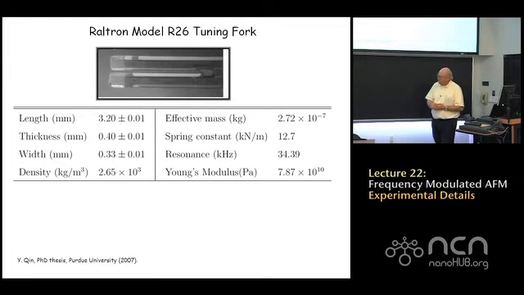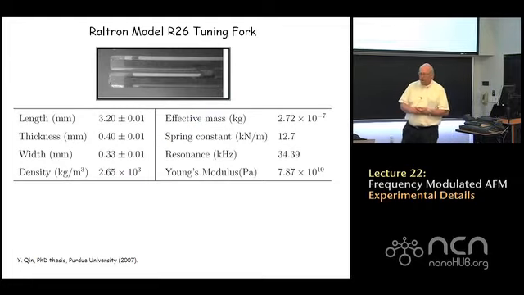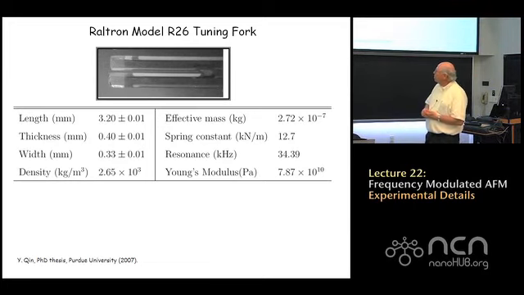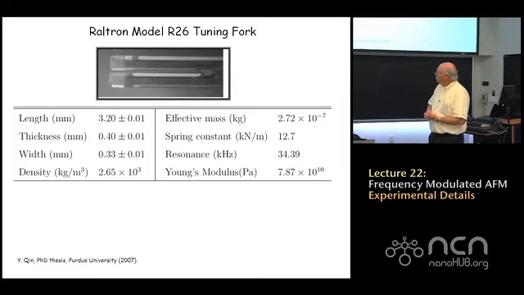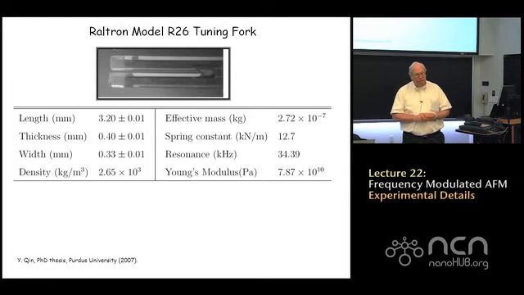The model of the tuning fork that we've used in our lab is this Raltron R26 tuning fork. These are the parameters that we measured by taking one of the tuning forks out of its can. We've inferred a spring constant of about 12.7 kilonewtons per meter. This should be compared to the spring constants of 40 newtons per meter that are typical for intermittent contact AFM cantilevers.